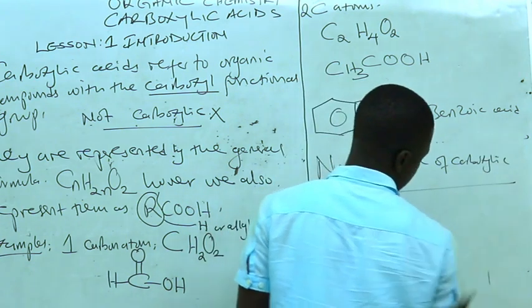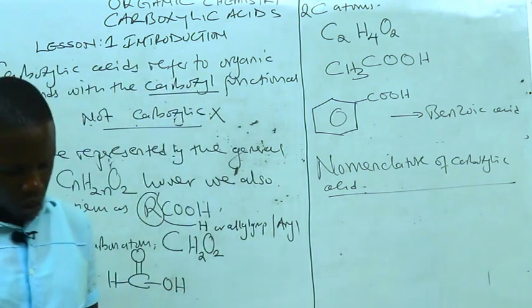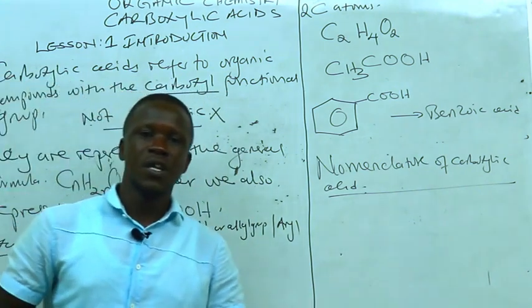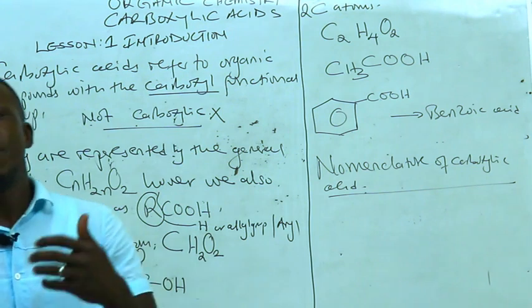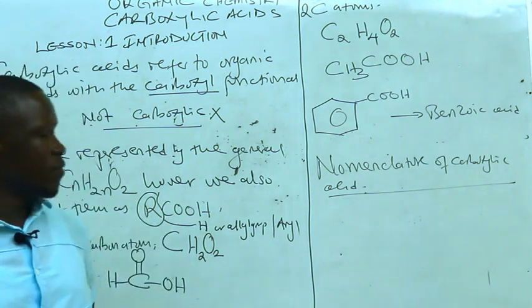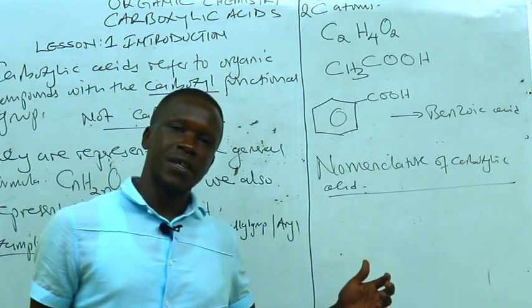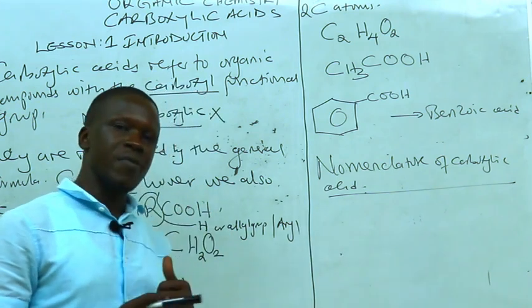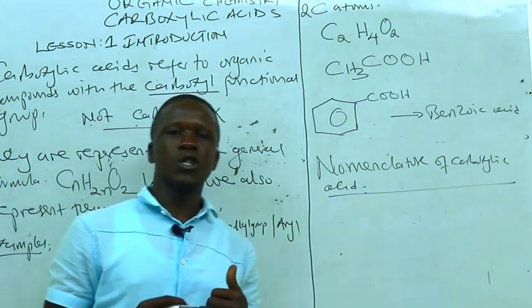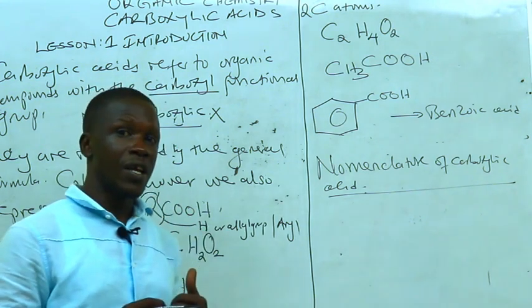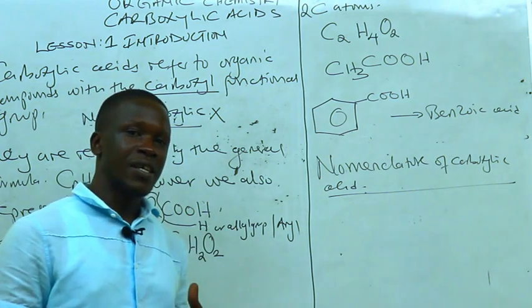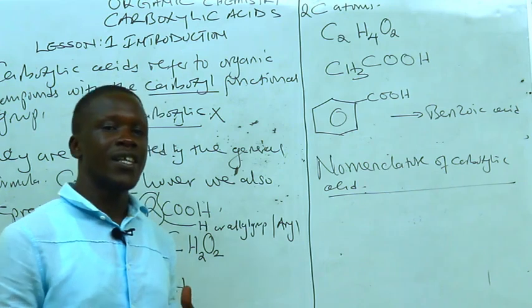Just as we have seen in the previous homologous series, most of these names come from the alkanes. This time we replace the letter E of the corresponding alkane name with OIC, followed by the word acid.